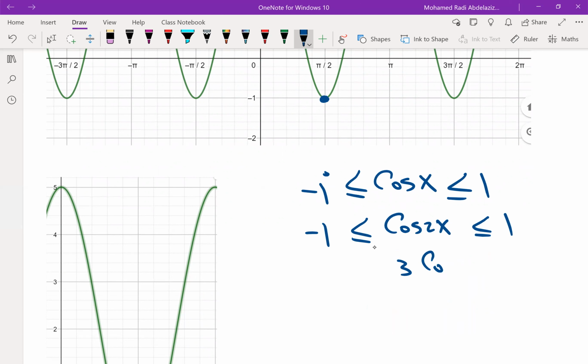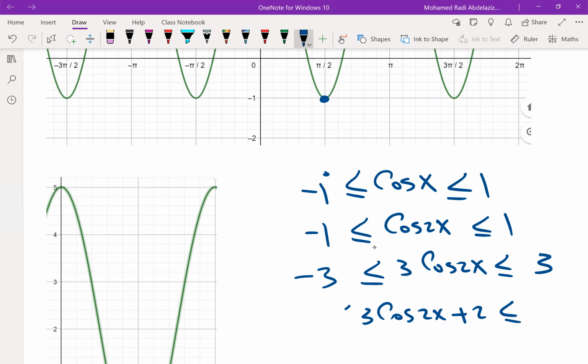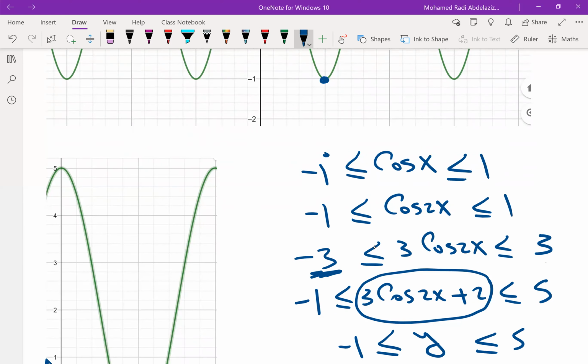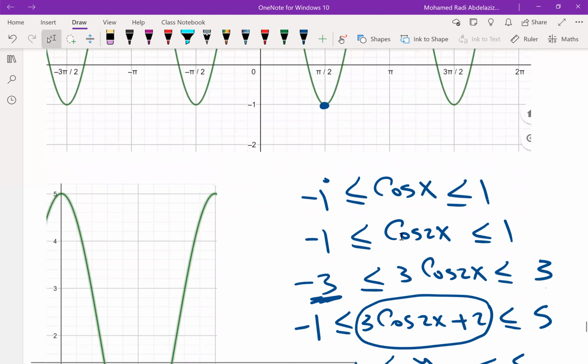The stretch for y now changes it to be from -3 to +3. For the translation of 3 cosine 2x, add 2 to both sides. If you add 2, it will be -1. If you add 2, it will be 5. This is the final answer for the range: the values of y from -1 to +5, if I ask what is the range of this function.